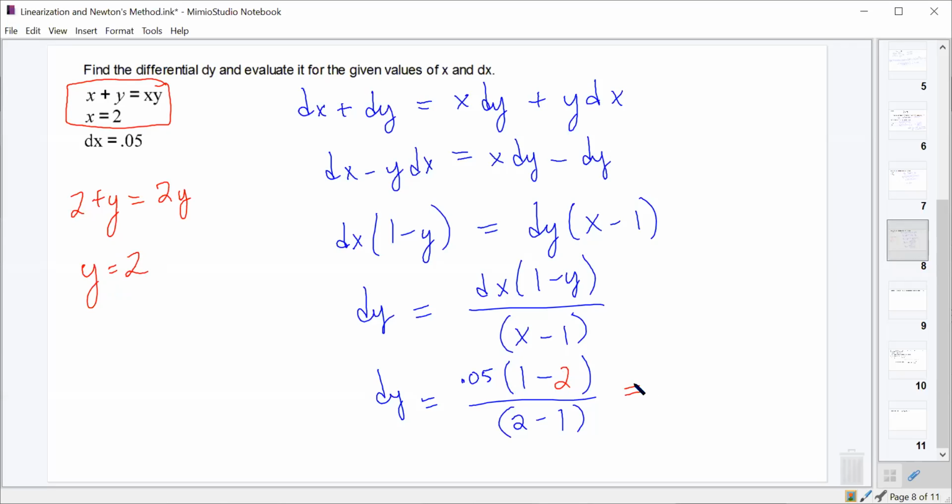And now we end up with dy is equal to 0.05 times -1 divided by 1, or just negative 0.05. Any problems with that? Everybody okay with that? All right, cool.